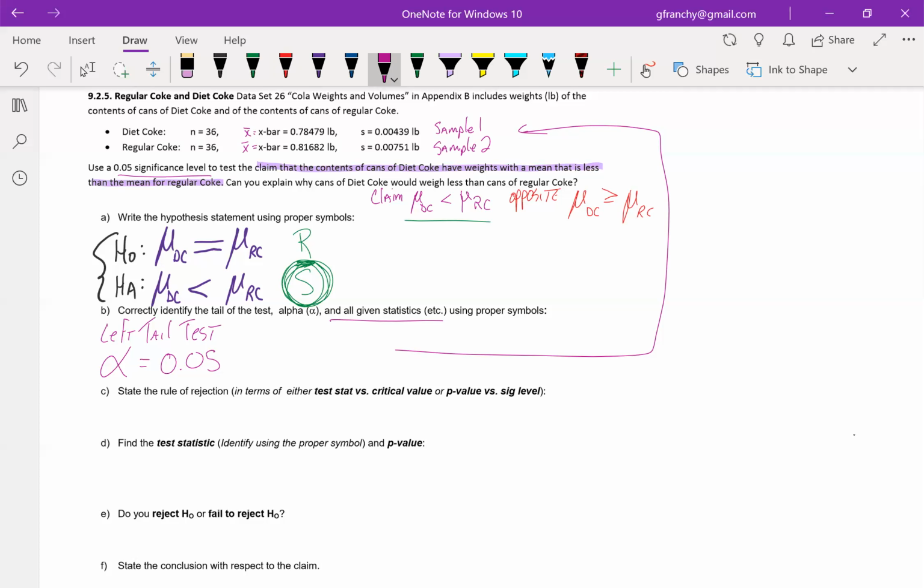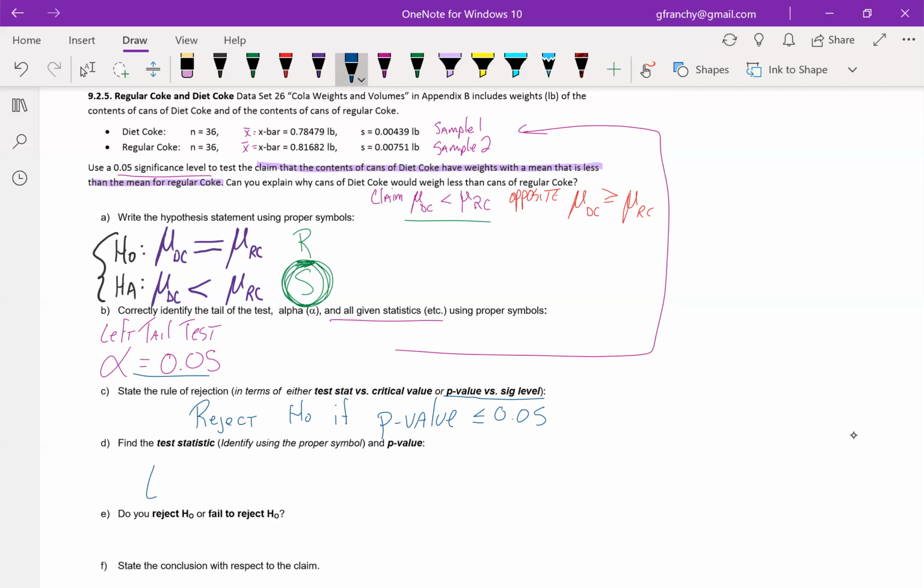We can also write our rule of rejection, and that is reject the null hypothesis if the p-value is less than or equal to whatever alpha is, our significance level, and that's 0.05. So again, we're using the p-value versus significance level to write our rule of rejection.